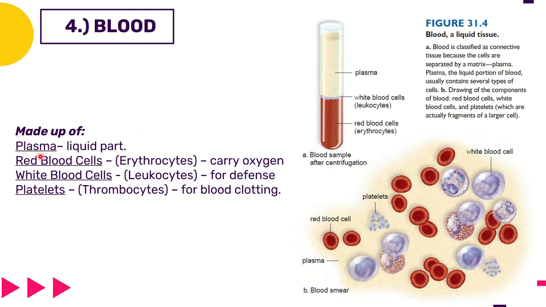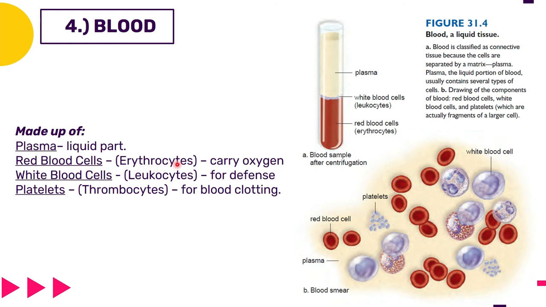The plasma is the liquid part, and the plasma holds other components. We have here the red blood cells or the RBCs. The RBCs are also known as the erythrocytes. The word cyte means cell. Okay, erythrocytes or red blood cells.